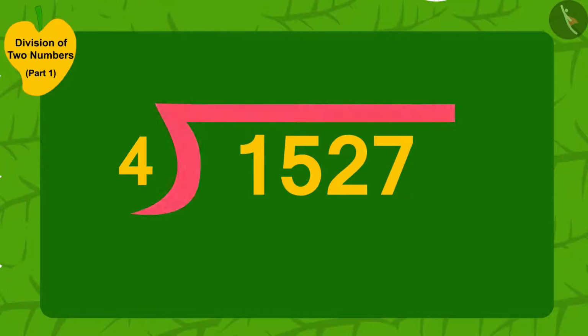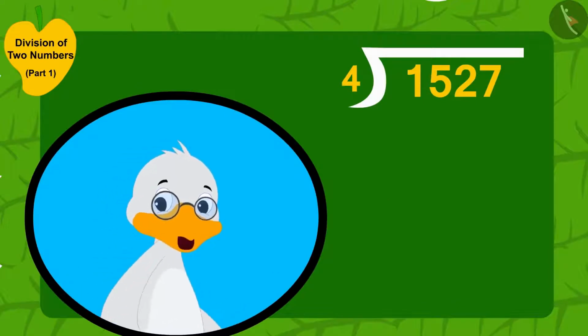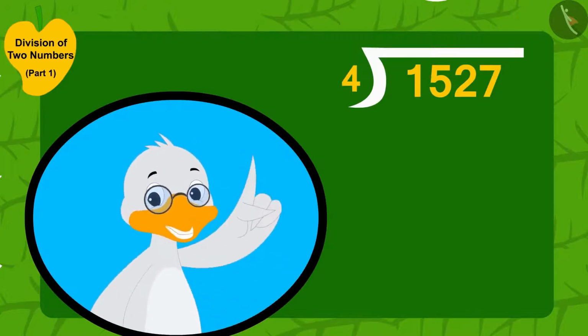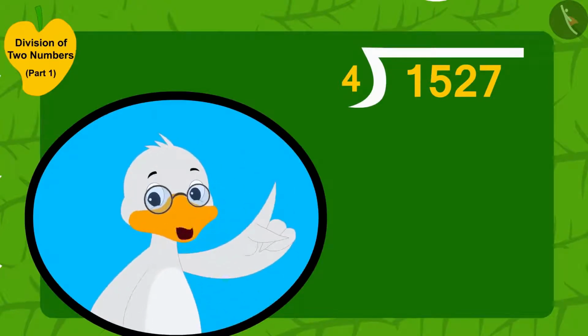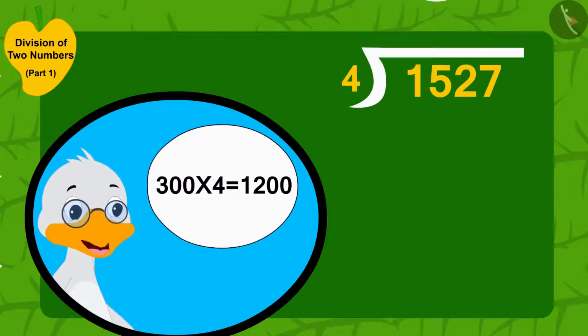1527 divided by 4. I distributed 4 mangoes to 300 villagers. That means I distributed 300 multiplied by 4. That is 1200 mangoes. Uncle thought.